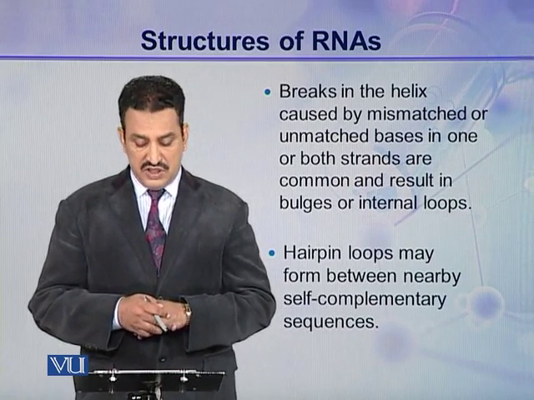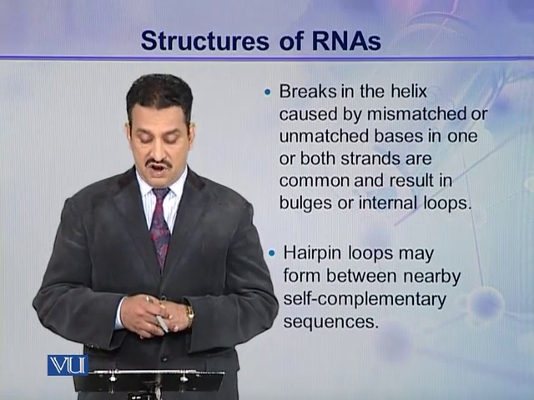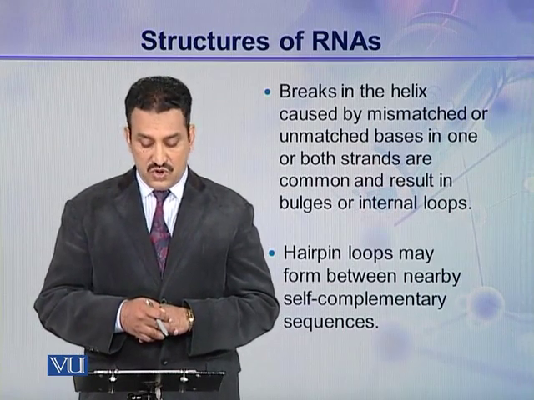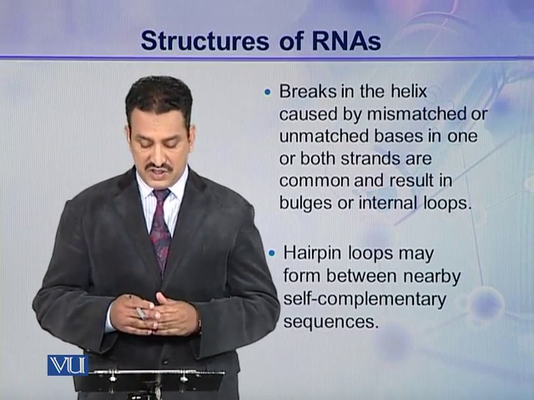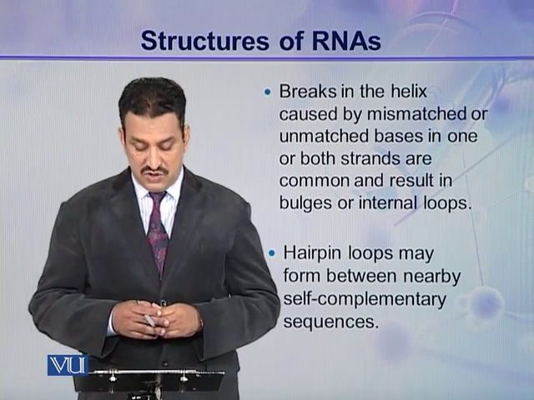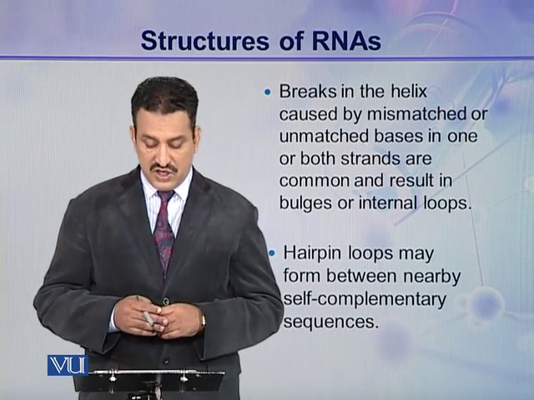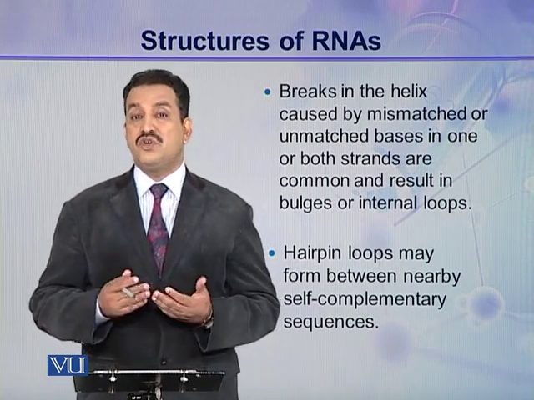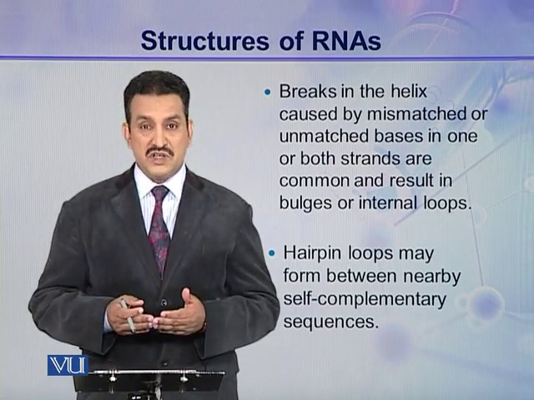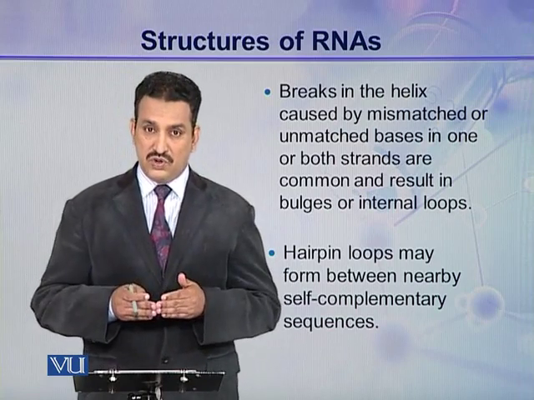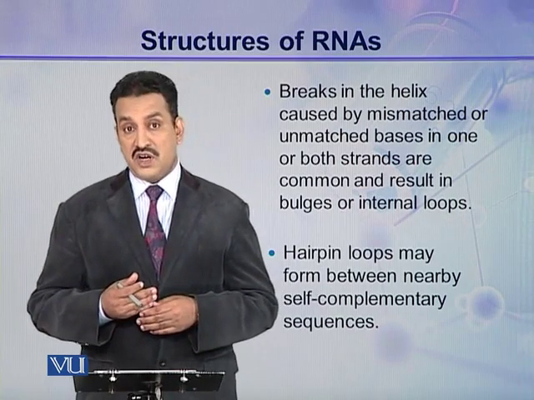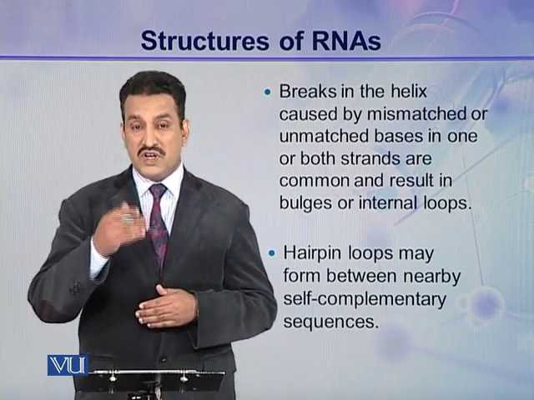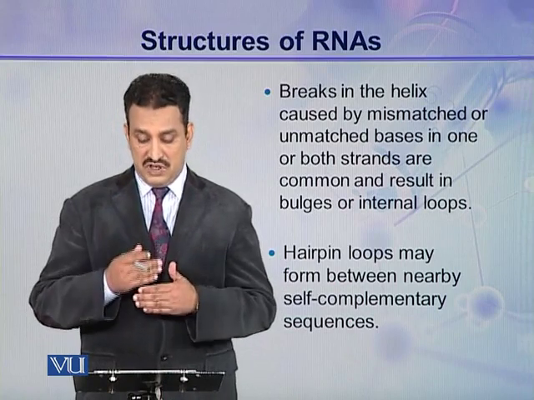Breaks in the helix caused by mismatched or unmatched bases in one or both strands are common, and these breaks result in bulges or internal loops. It means in a RNA molecule, there are complementary regions, but there are also breaks where one strand is not complementary to the other.